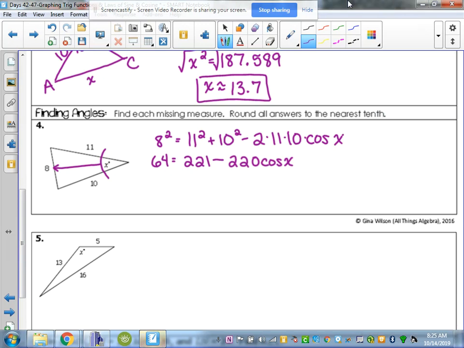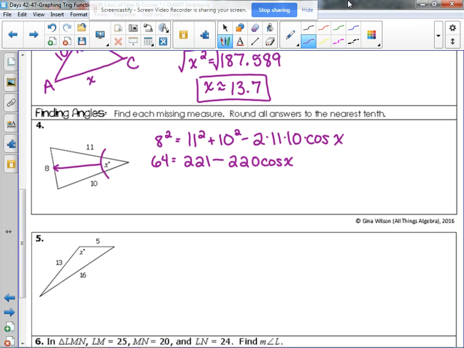Now, here's where people make the mistake. And I'm going to erase my cosine, and I'm going to put that times back in there. I've been doing a pretty good job of showing that multiplication. Technically, you really don't have to show that multiplication between the 220 and the cosine. You can just write that as 220 cosine.